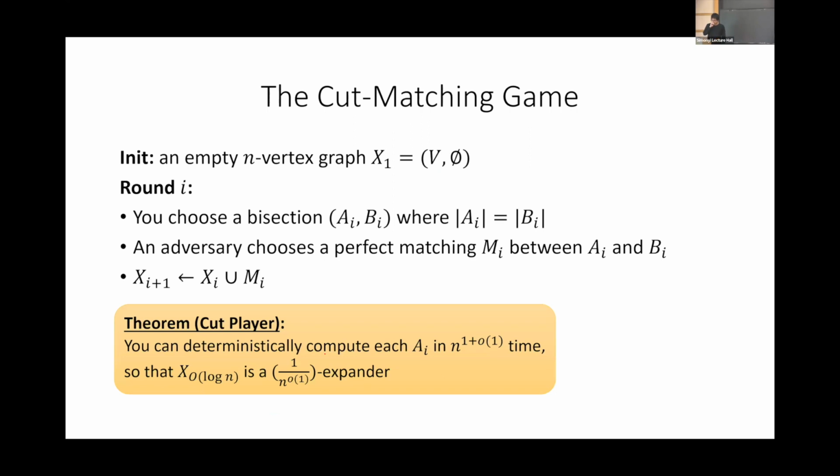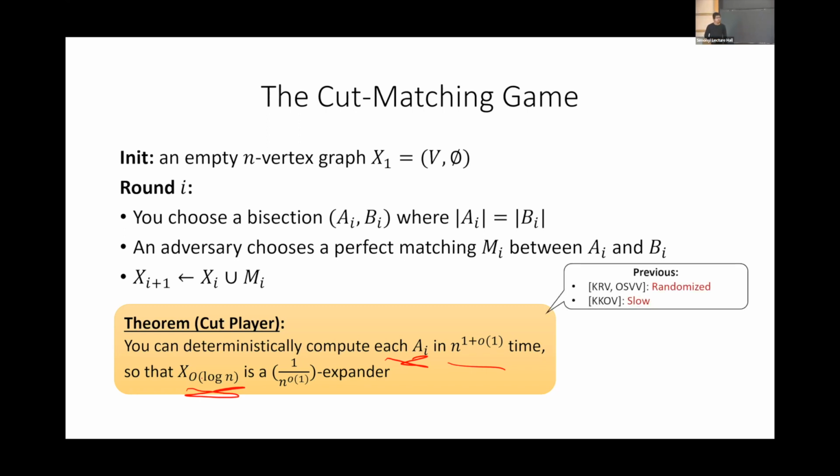It turns out that we can show there is a cut player. You can implement a cut player that chooses the bisection A in time which is almost linear, such that after log n rounds, the graph must be an expander. No matter what the matching is, you will get an expander.